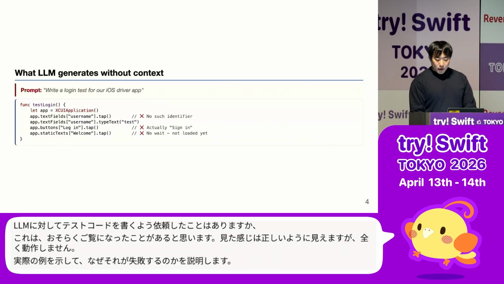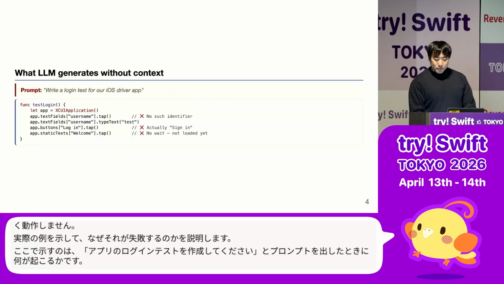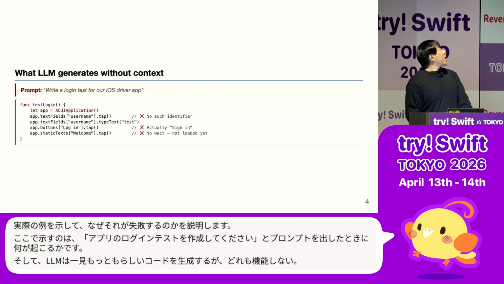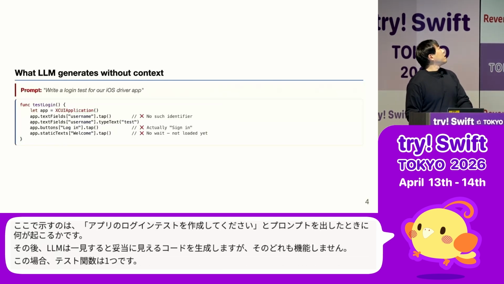So here's what happens when you prompt "write a login test for our app." The LLM generates code that looks reasonable, but none of it works. In this case, we have one test function, and then there is some operation code.